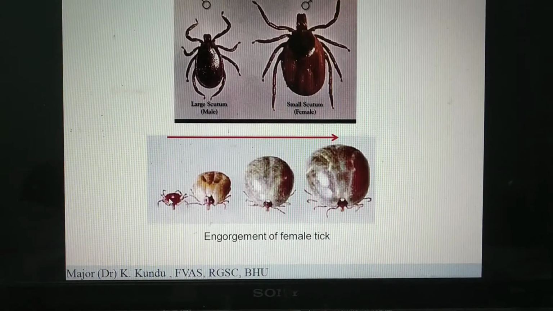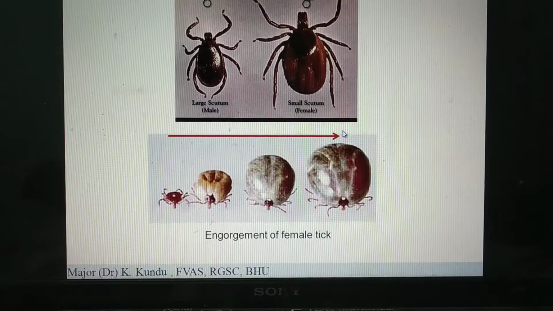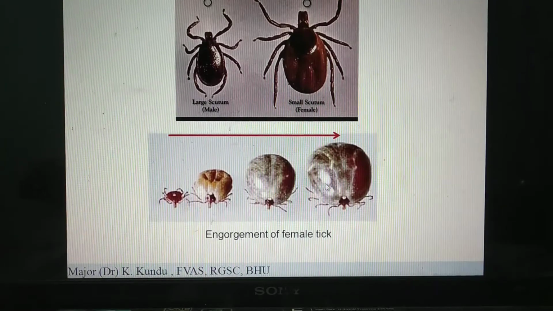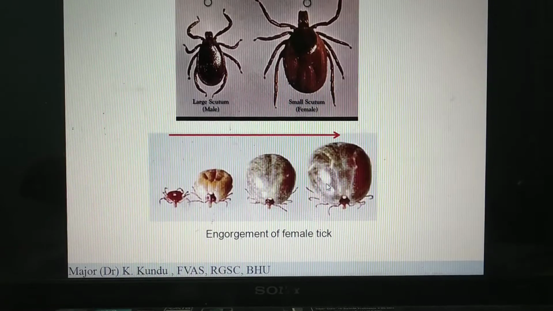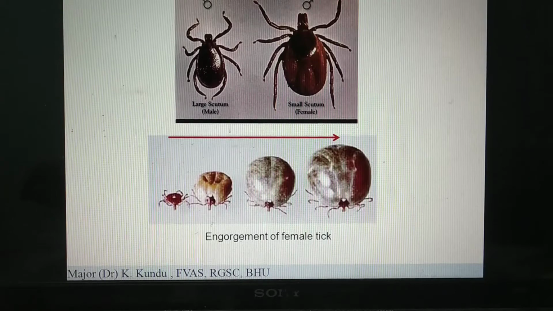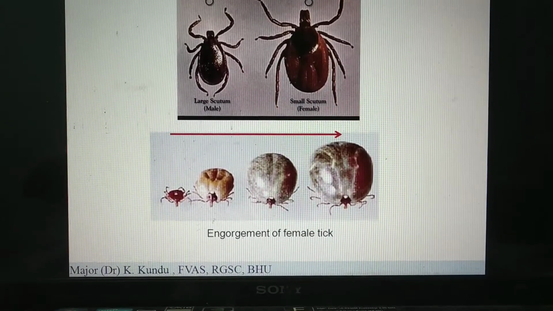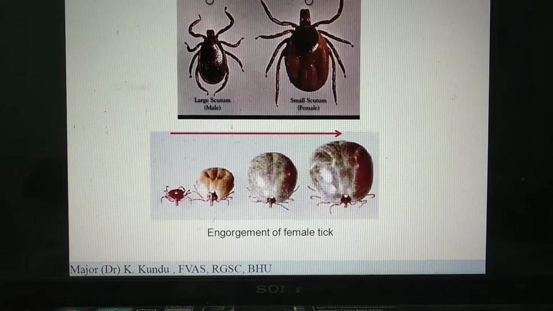This is the female tick, and as the days progress and it takes the blood meal, it engorges. A single female tick can take around 0.5 to 2 ml of blood. That much it can engorge, and after engorgement the female tick will lay eggs and ultimately die.